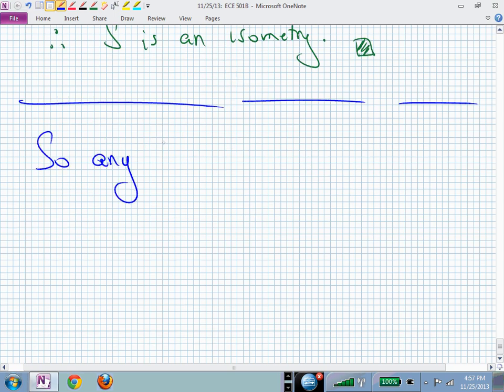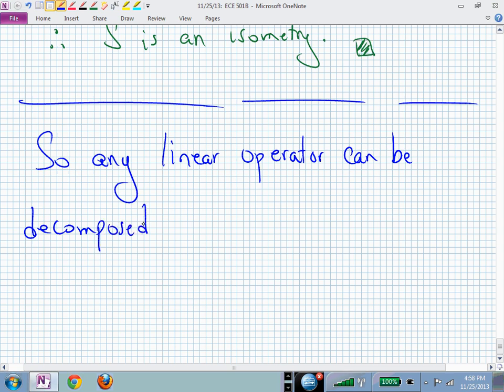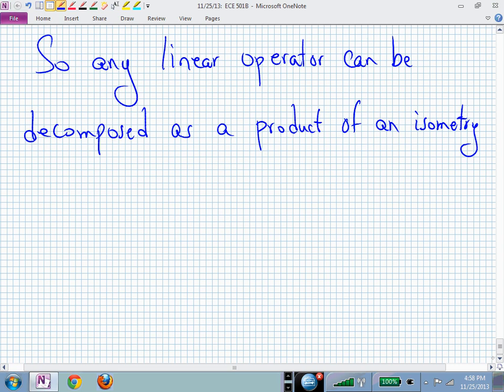So any linear operator, that was T, can be decomposed as a product of an isometry and a positive operator.